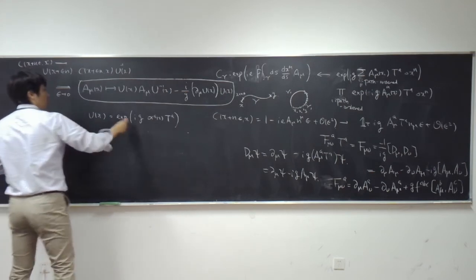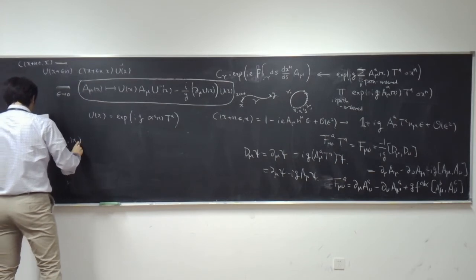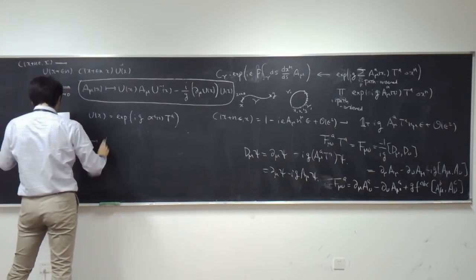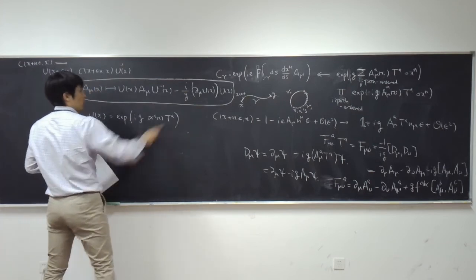So if you substitute this one in here, A mu of x is transformed as A mu of x, and then this part.